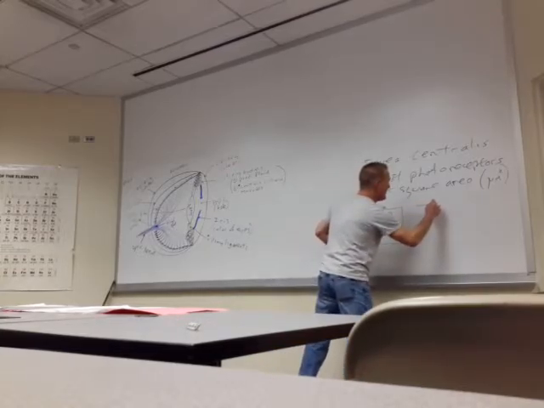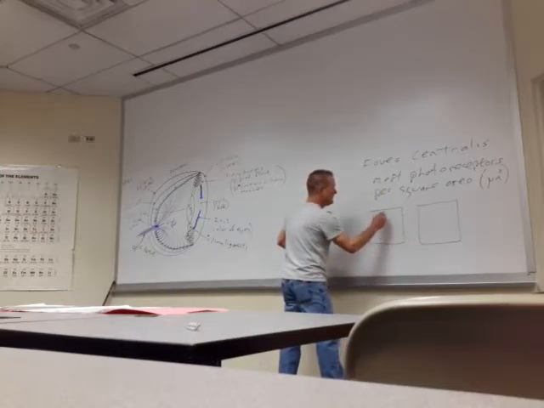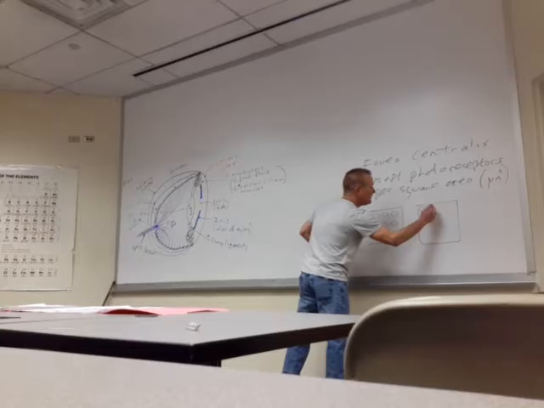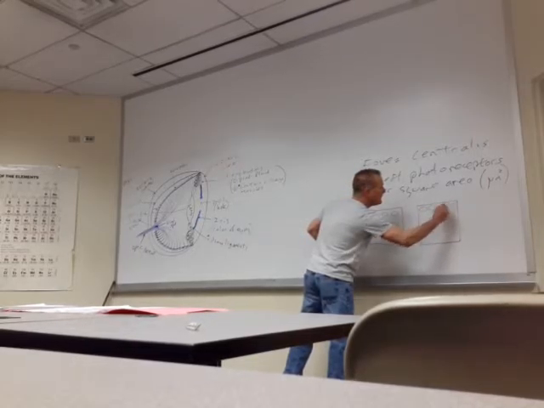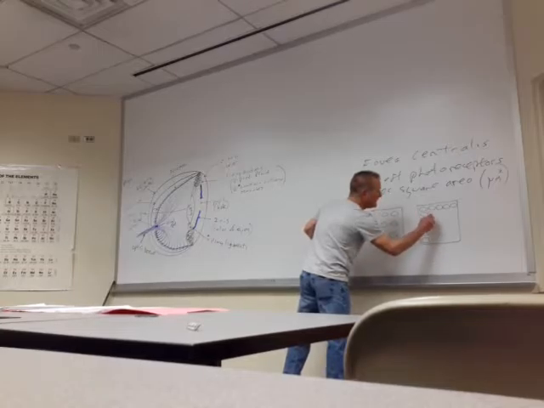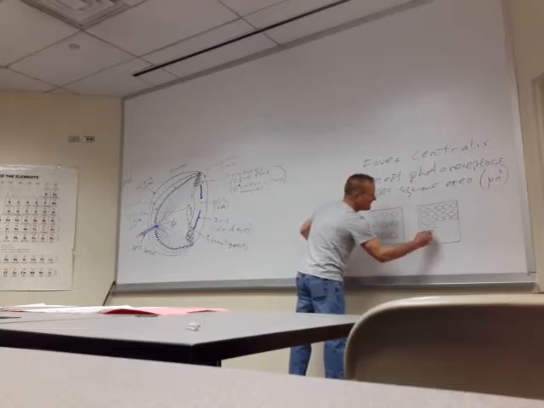So if we looked at two areas of the neuroretina, my two squares represent two areas of the neuroretina.